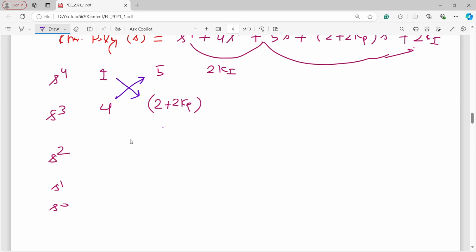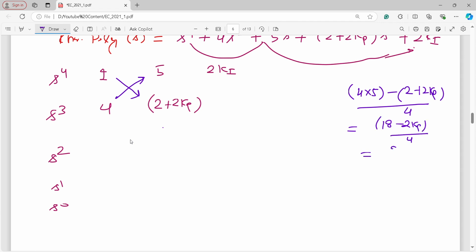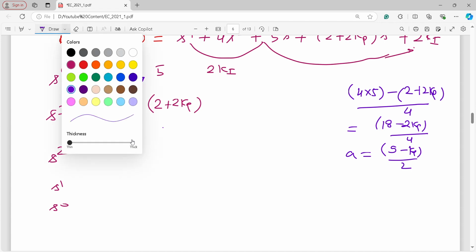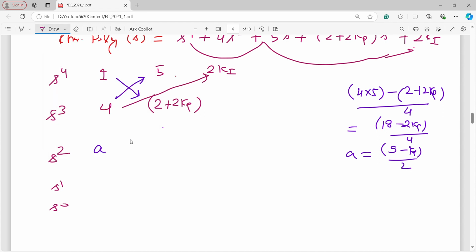So here 4 into 5 minus (2 plus 2Kp) divided by 4. Let us solve it. So 20 minus 2, 18 minus 2Kp by 4. Let us again solve: 9 minus Kp by 2. Let us say this term is A. And just extending this and then solve it.